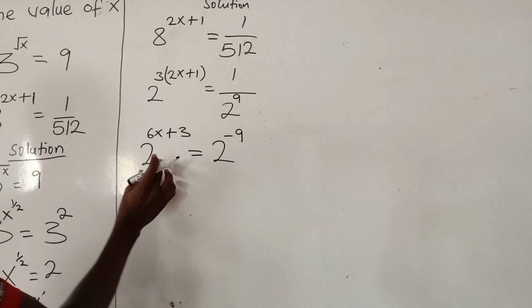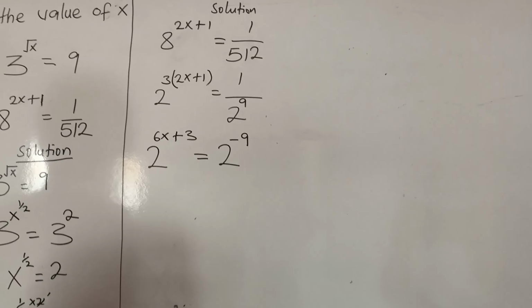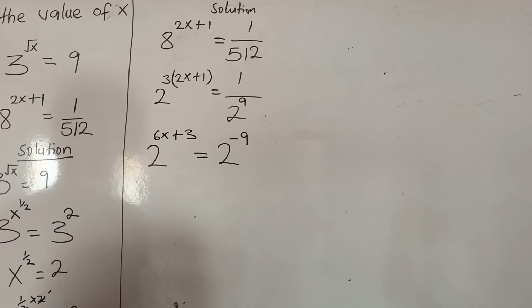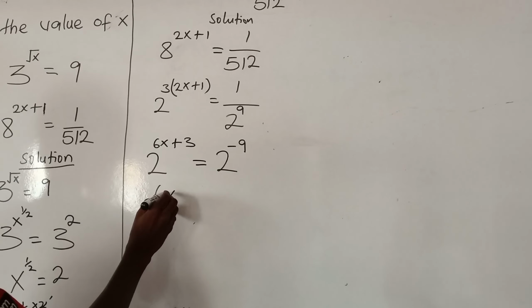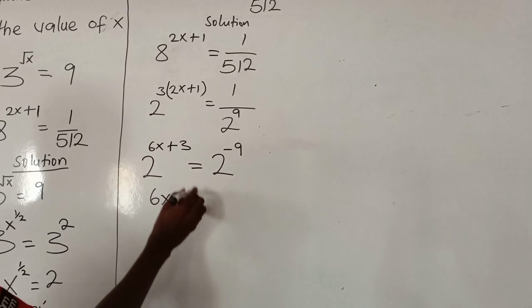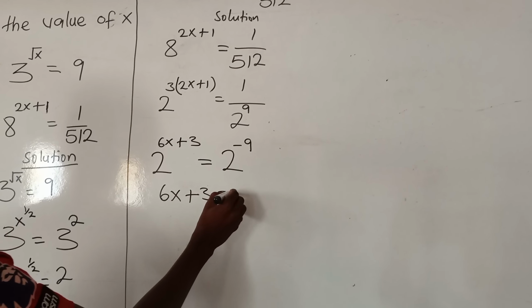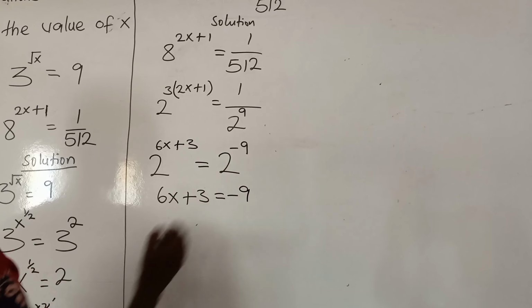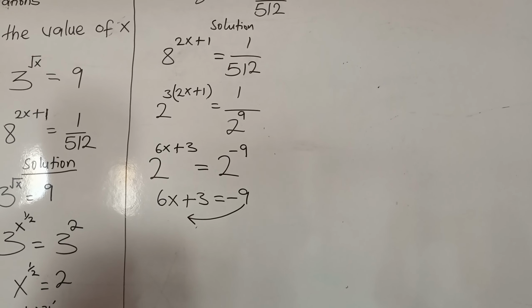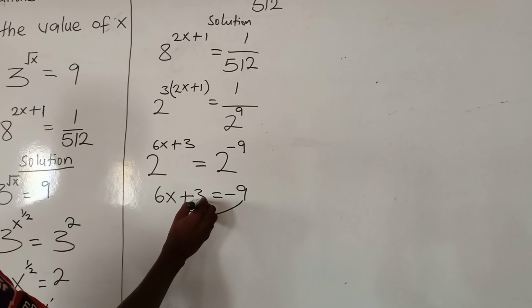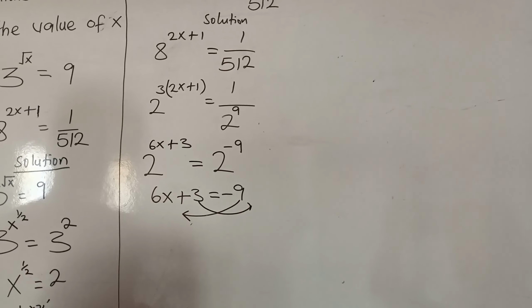So once the bases are the same now, what you need to do, we equate the powers. So 6x plus 3 equals to minus 9. You bring this minus 9 here, while this plus 3 comes here.